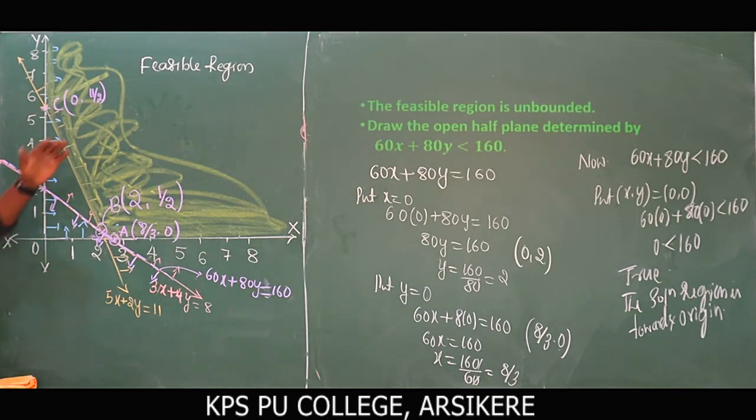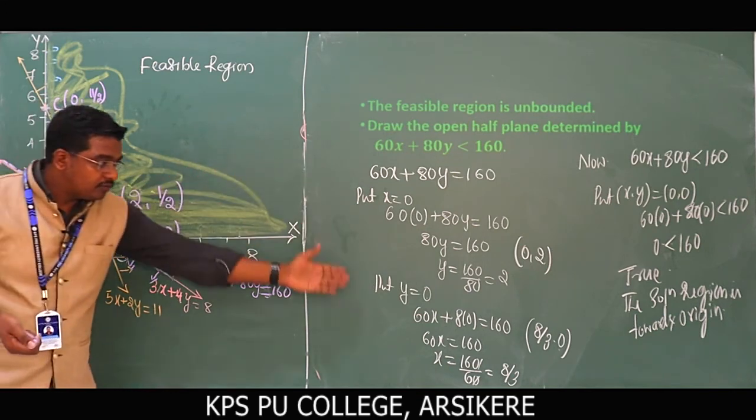This is clear? Okay, let's observe it. I repeat again. This open half plane determined by the inequality 60x plus 80y less than 160 has no point common with the feasible region. Hence 160 becomes the minimum value of the objective function.